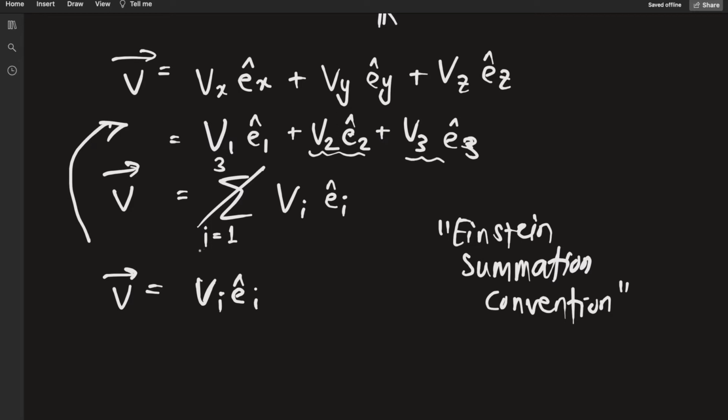So in other words, you can just lose the sum and the summation is implied.